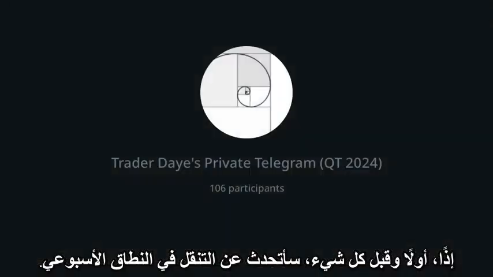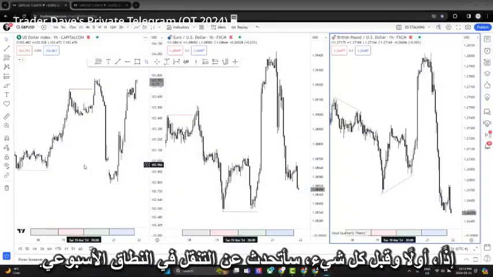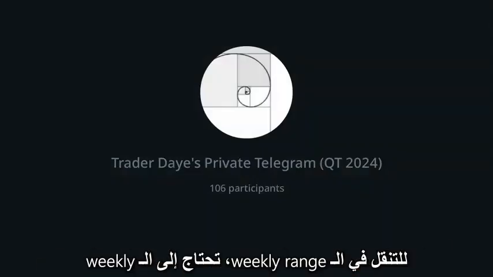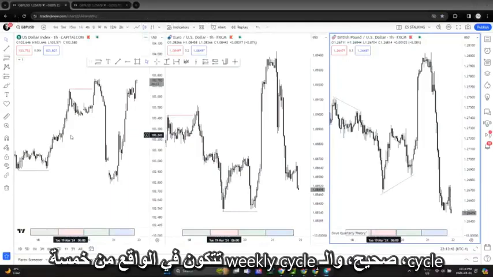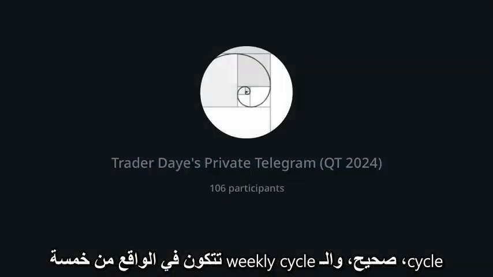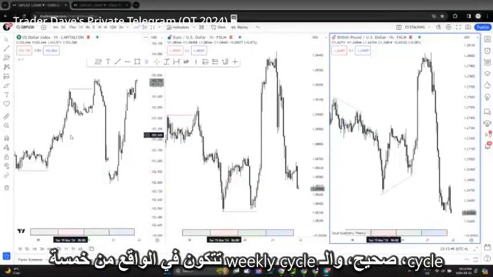So, first things first, I'm going to speak about navigating the weekly range. To navigate the weekly range, you need the weekly cycle, right? And the weekly cycle is actually comprised of 5 days.